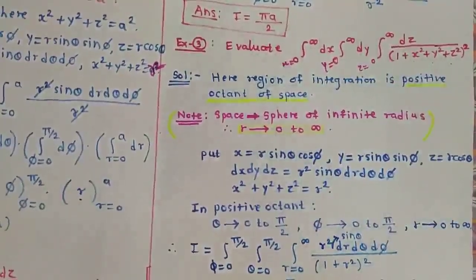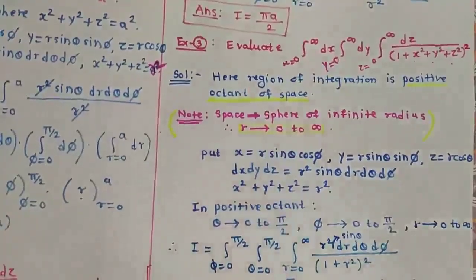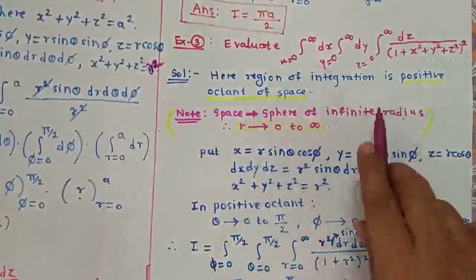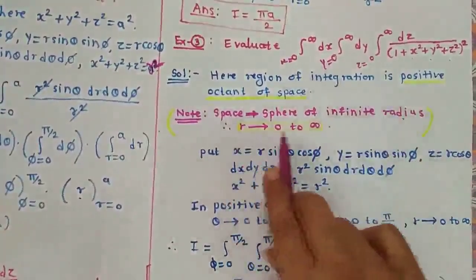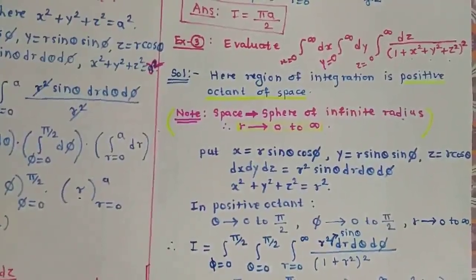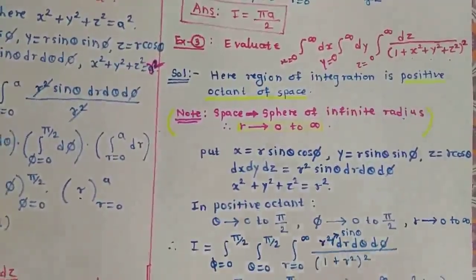Space means a sphere of radius infinity, and that's why in this case our r varies from 0 to infinity. But what about the region? Whether it is a complete sphere, a hemisphere, or a positive octant of sphere. Now, how to identify it?